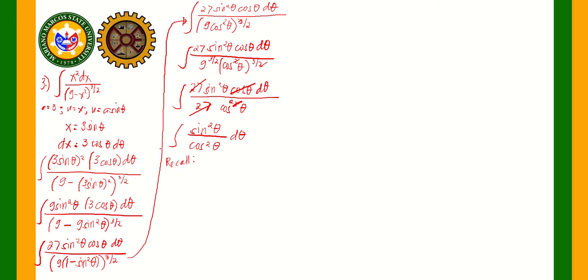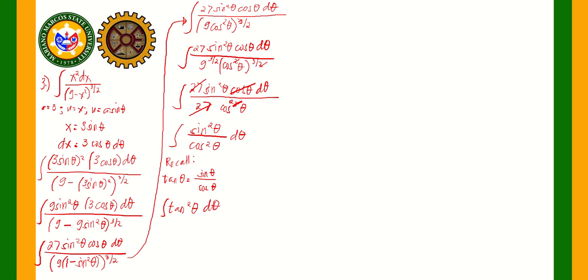Recall that tangent theta is equal to sine theta over cosine theta. So our integrand is sine squared theta over cosine squared theta, which is the same thing, just squared. Therefore, our new integrand will be equal to tangent squared theta d theta.